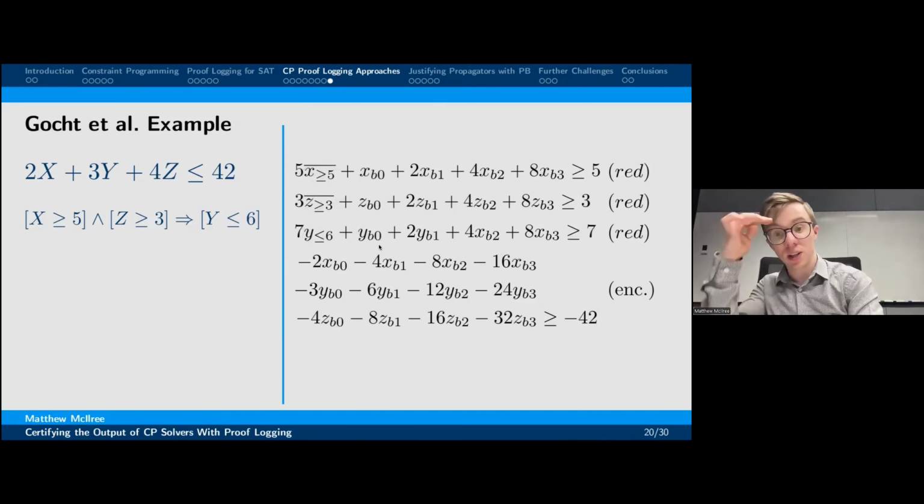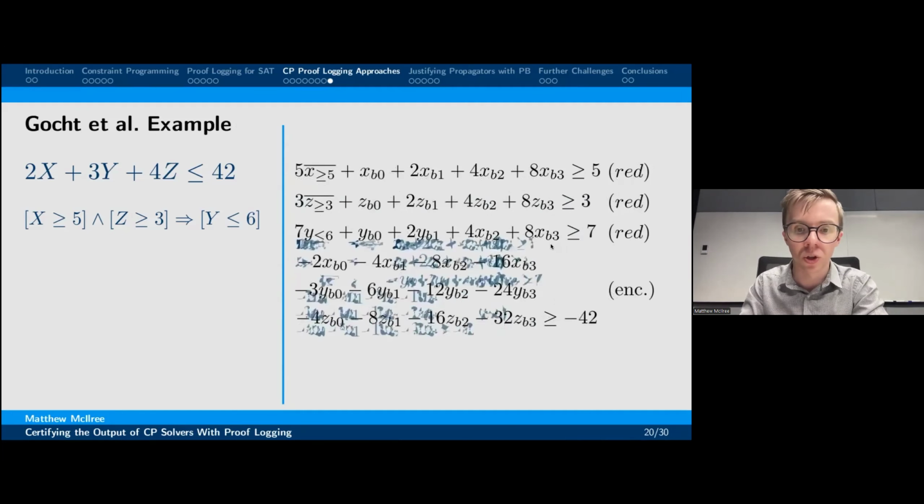But now cutting planes allows us to take linear combinations of things. So this is a fundamental part of the cutting planes proof system, that you can add up and multiply by scalar coefficients. Like I said, I'm not going to go into the proof system in full detail here, but this is essentially what you can do.